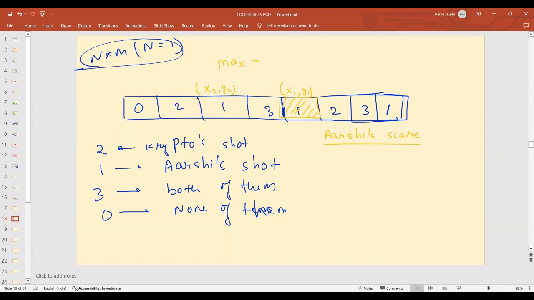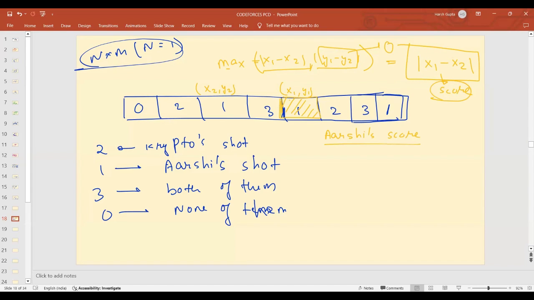So the score is actually max of mod of x1 minus x2, comma, mod of y1 minus y2. Now the easy part of this question is that y1 minus y2 will always be 0. Does everyone agree with me in this? y1 minus y2 will always be 0. If this is the case, can I say that my score is nothing but mod of x1 minus x2? Can I say this is my score?